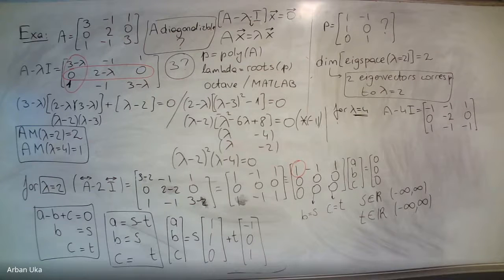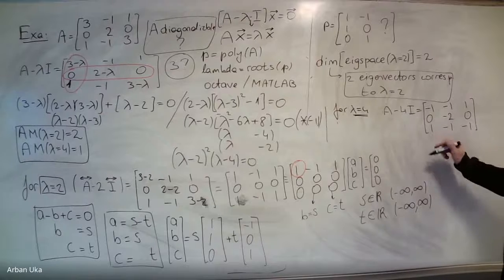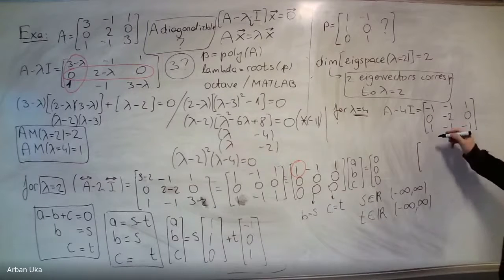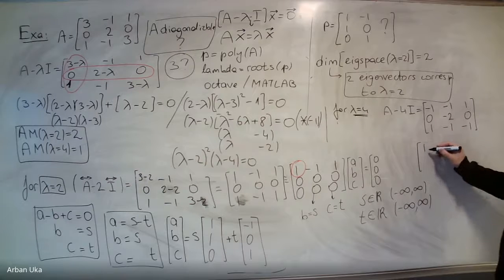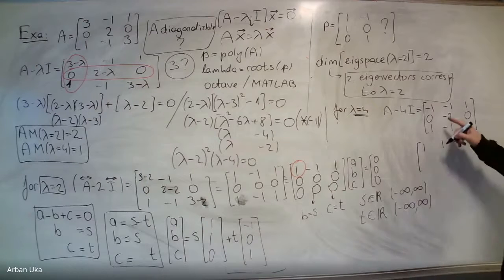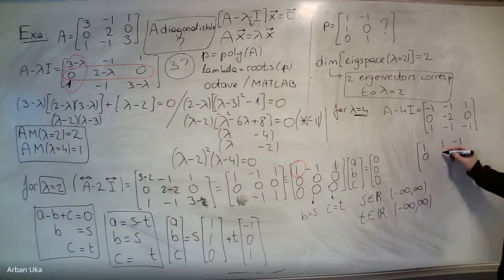Then let's try to obtain the reduced row echelon form of this expression. Let's multiply the first row by minus 1. We get here 1, 1, minus 1. The second one we can divide by minus 2. This becomes 0, 1, 0.